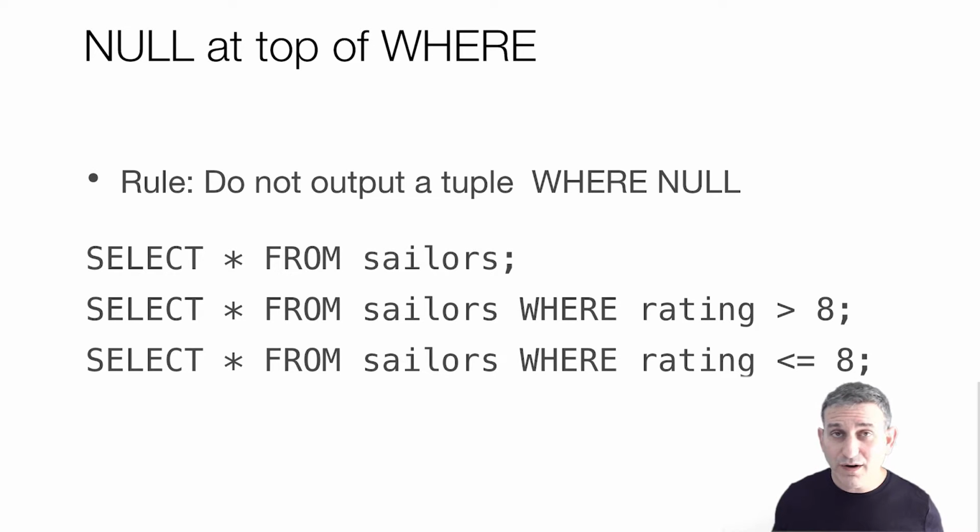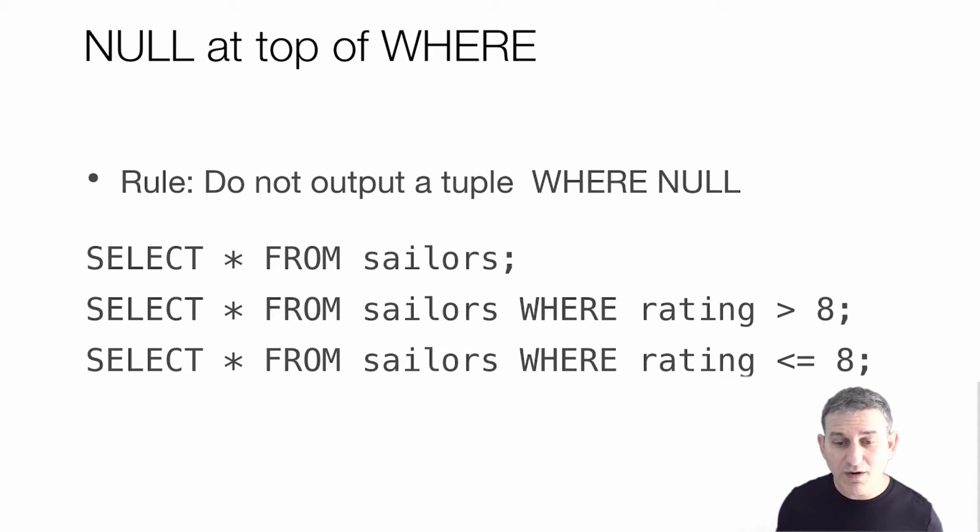We will have queries sometimes where the where clause is going to evaluate for some given row to null. And the rule in that case that SQL has decided is if the where clause evaluates to null, we treat it as false. We do not output the tuple where null. So, the first query on this slide obviously returns all the sailors. If you add to it, as in the second query here, an expression that compares a field to 8, rating greater than 8, this is the query we had before.